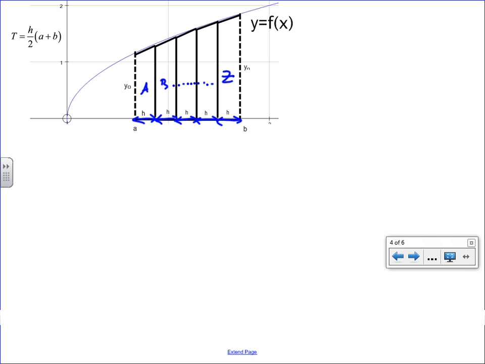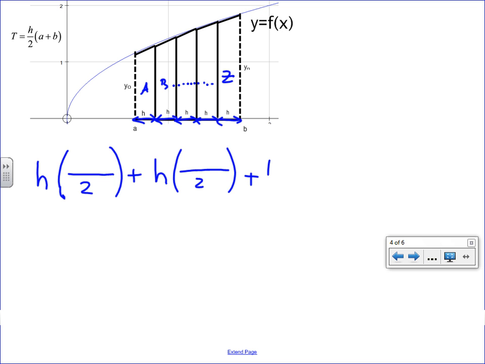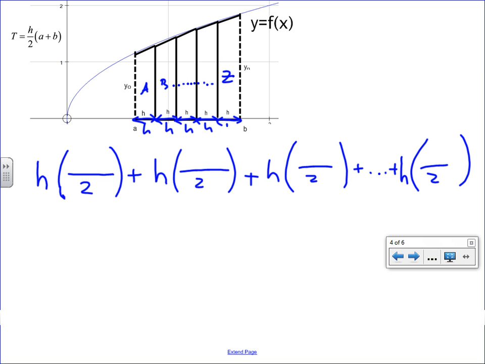So every single trapezia is going to be, sorry, not half, I keep using the other form of the formula, h. It will be h. So every single one is going to look like this, because it's the formula for the trapezia, and because they're all the same distance across.